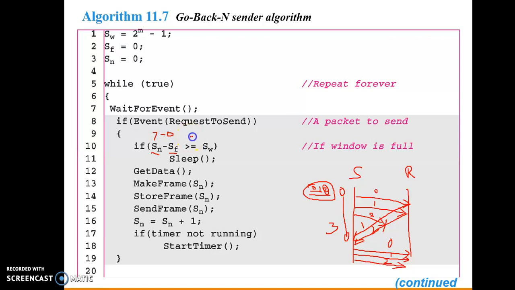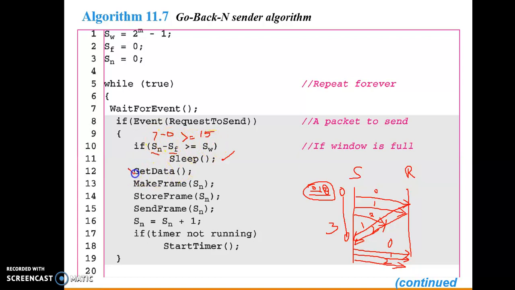Its window size is 15. So is it greater than or equal to 15? No. If it reaches 15, you couldn't send, so it is put to sleep. But in my case, 7 minus 0, which is 7, is not greater than or equal to 15.